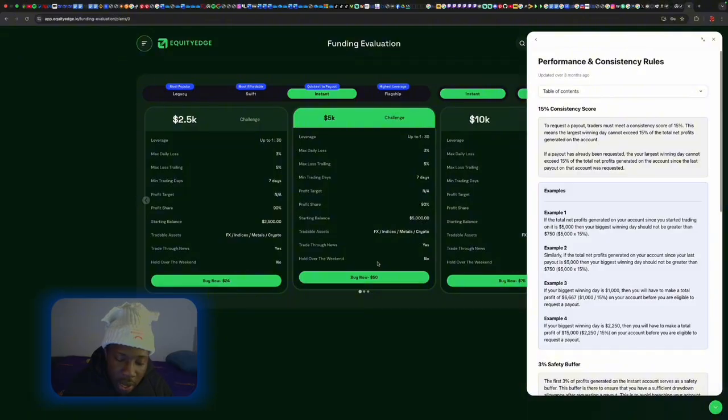But if I reduce my best winning day to 300, I am going to trade lower than 500 so that I will not exceed it again, because that 500 is now determining the 3,333, which is the money I'm going to withdraw. But I'm not going to trade over 500.